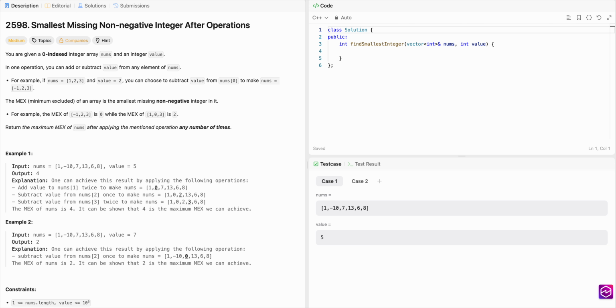And we can apply any number of operations.